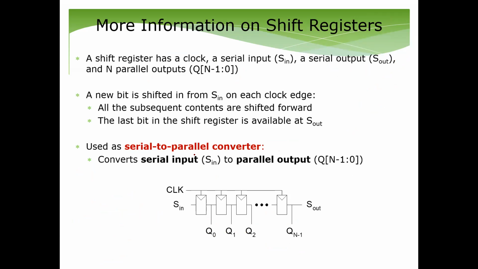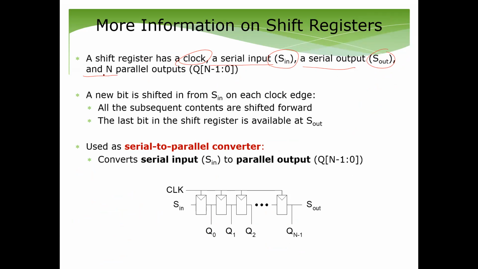Okay. More information about shift registers. Usually a shift register will have a clock input. That's a must. You will have a serial input, serial in, and you'll have a serial output, called serial out, in case you want to catch the bits that are coming out of your shift register.